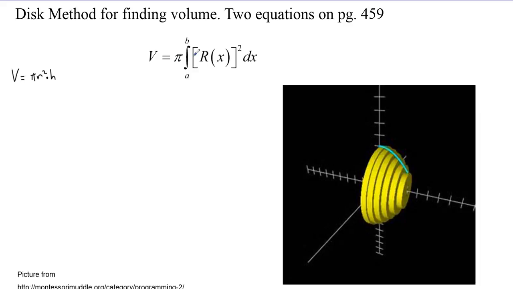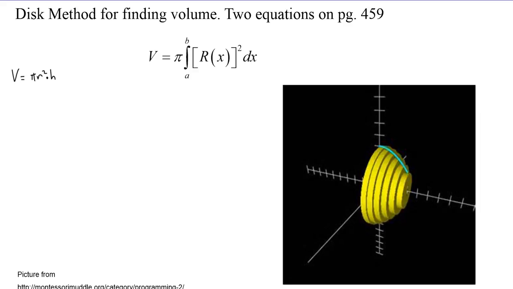There is our pi. There is our radius squared. Since we're adding up all of these little rectangular disks or rectangular revolution disks that we have, and then dx, that's the change in height. So we can real clearly see that this volume equation using the disk method is derived from that equation.